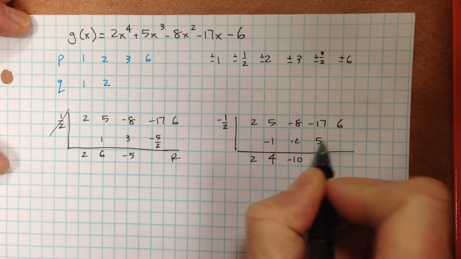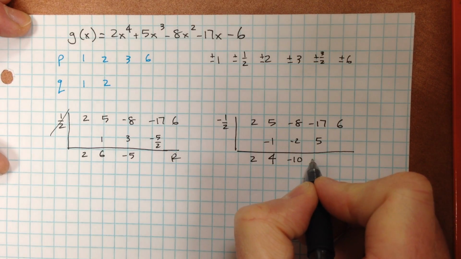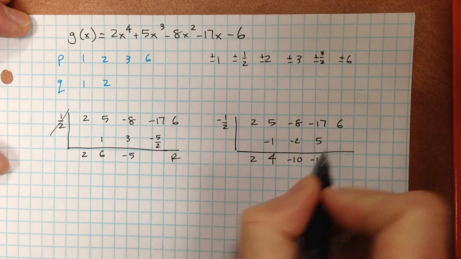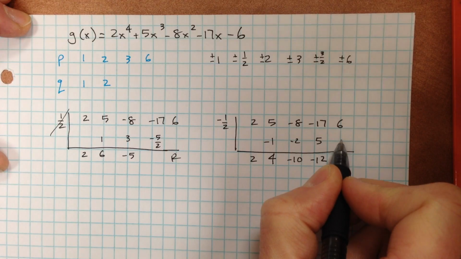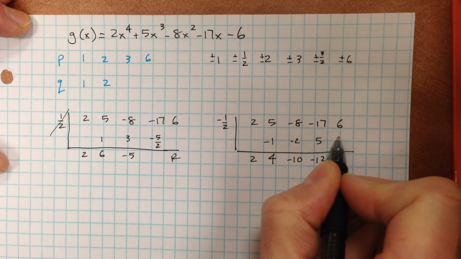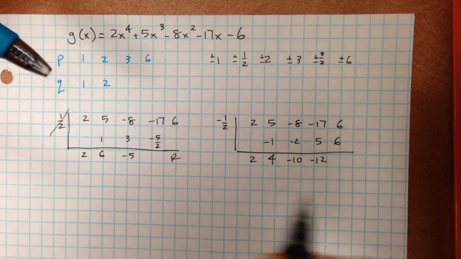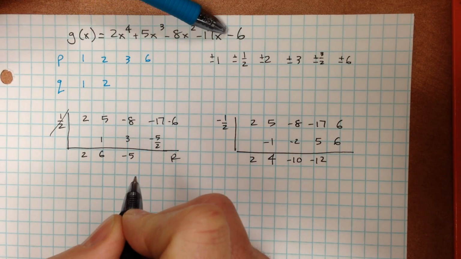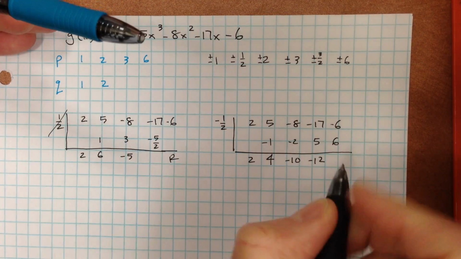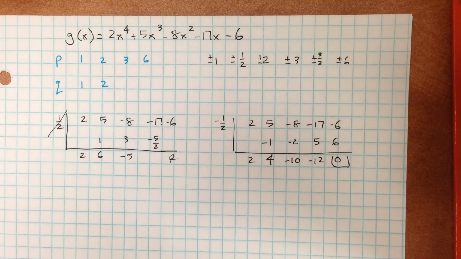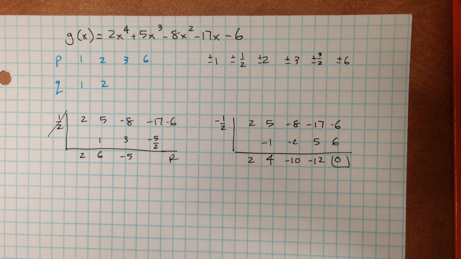That would give me a 5. Coming down, we get -12, giving me a positive 6. Oh, excuse me, I forgot that negative right there. Coming down, we do end up with a remainder of 0. All right, interesting. That looks good to me.